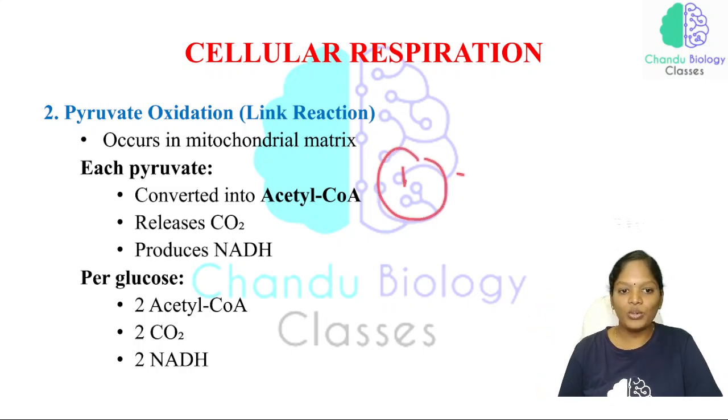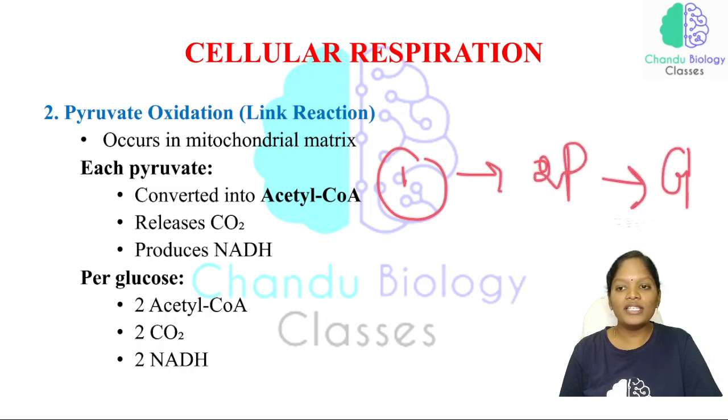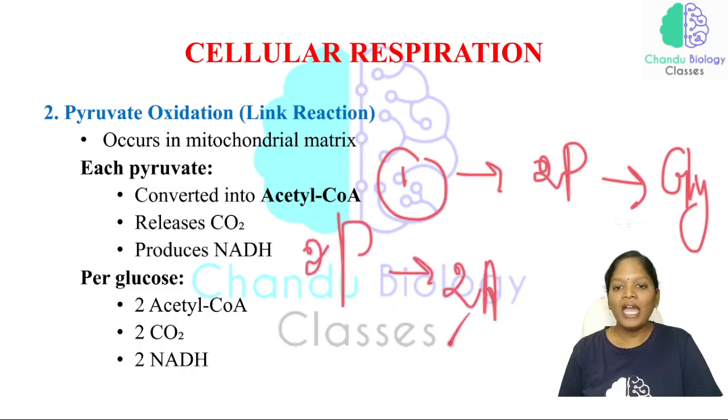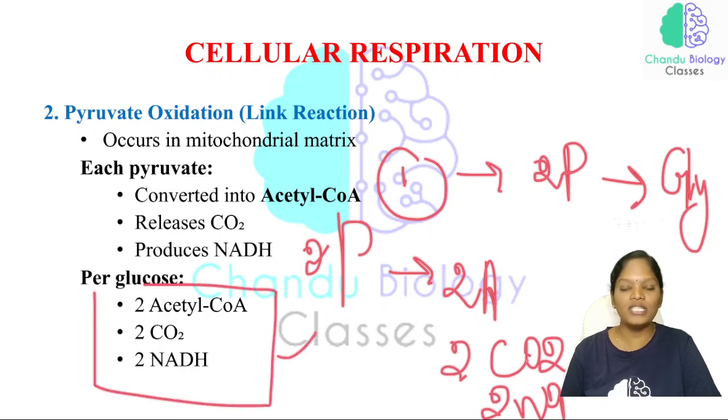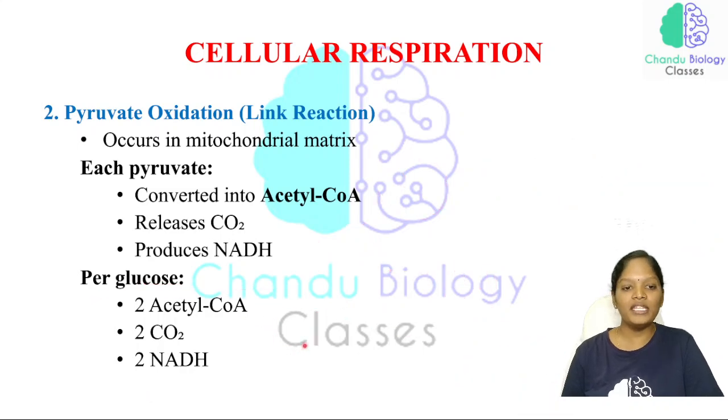For 1 glucose, 2 pyruvate are produced in glycolysis, and these 2 pyruvate are converted into 2 acetyl-CoA, giving out 2 carbon dioxide and producing 2 NADH. This is the product of 1 glucose. This also can be expected in our exam.